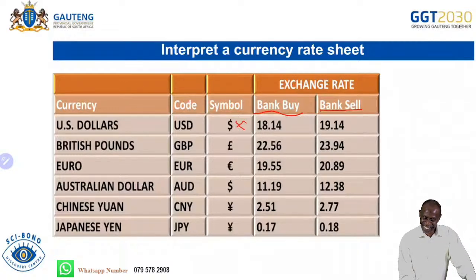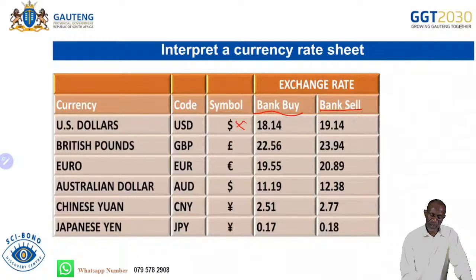The bank selling rate expresses that the bank will use a different rate, other than the one used for buying, to sell foreign currencies.